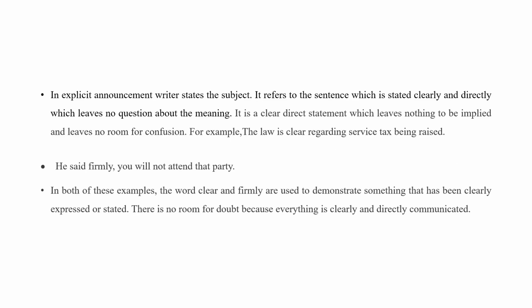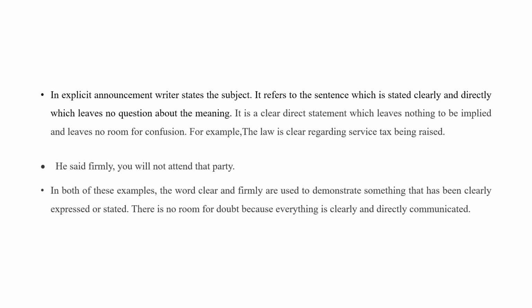In explicit announcement, the writer states the subject. It refers to a sentence which is stated clearly and directly, which leaves no question about the meaning. It is a clear, direct statement which leaves nothing to be implied and leaves no room for confusion. For example, the law is clear regarding service tax being raised.